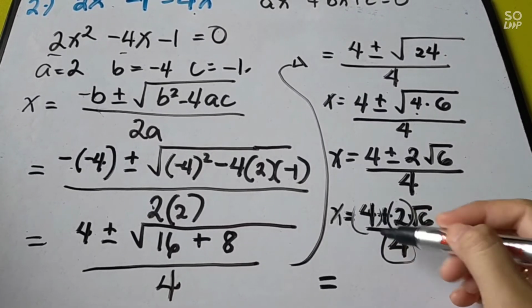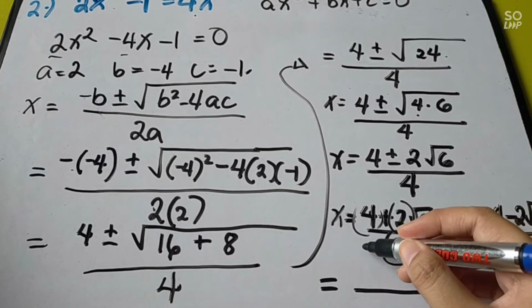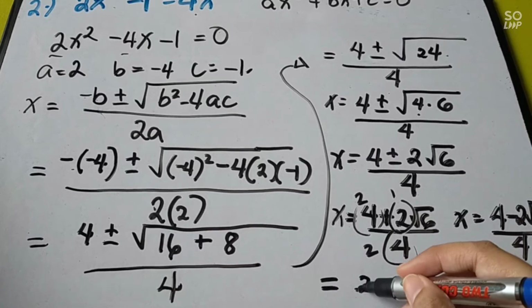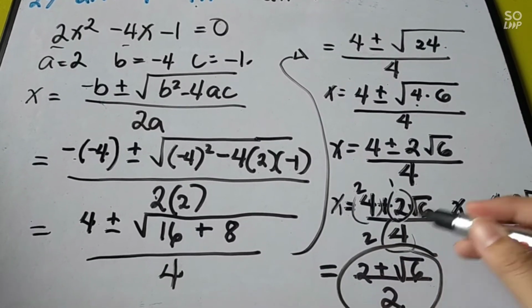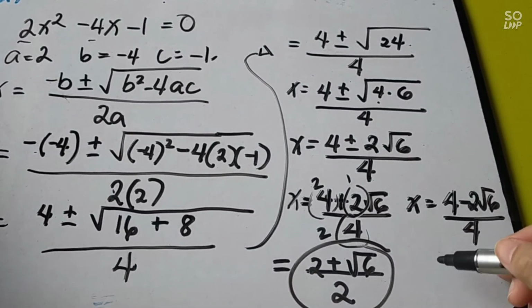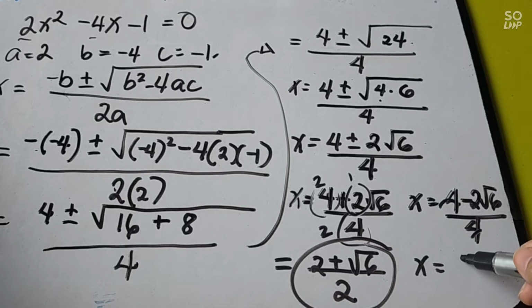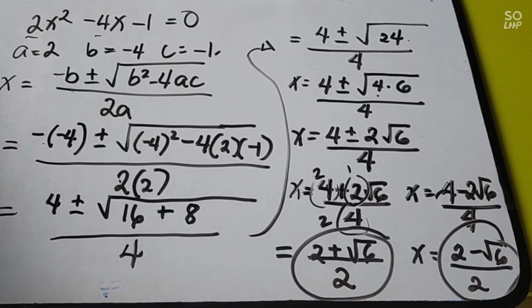So, 4 and 4 divisible by 2, magiging 2 na siya. Ito magiging 2, ito magiging 1. So, magiging 2 plus square root of 6 all over 2. That is your first x. So, yung susunod na x, divisible, so, magiging 2 minus square root of 6 all over 2. Ayan. So, that is it.